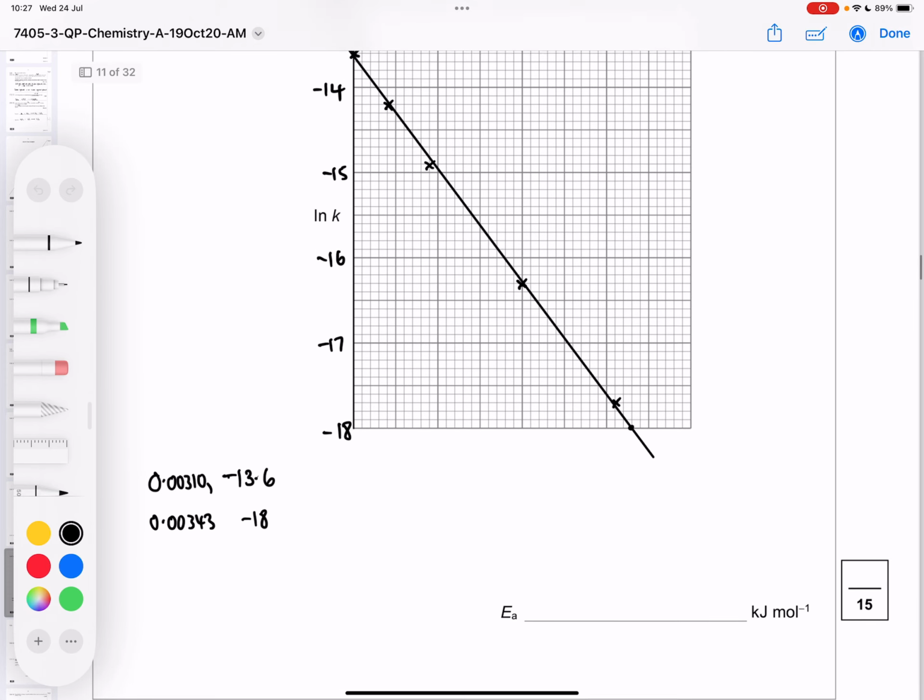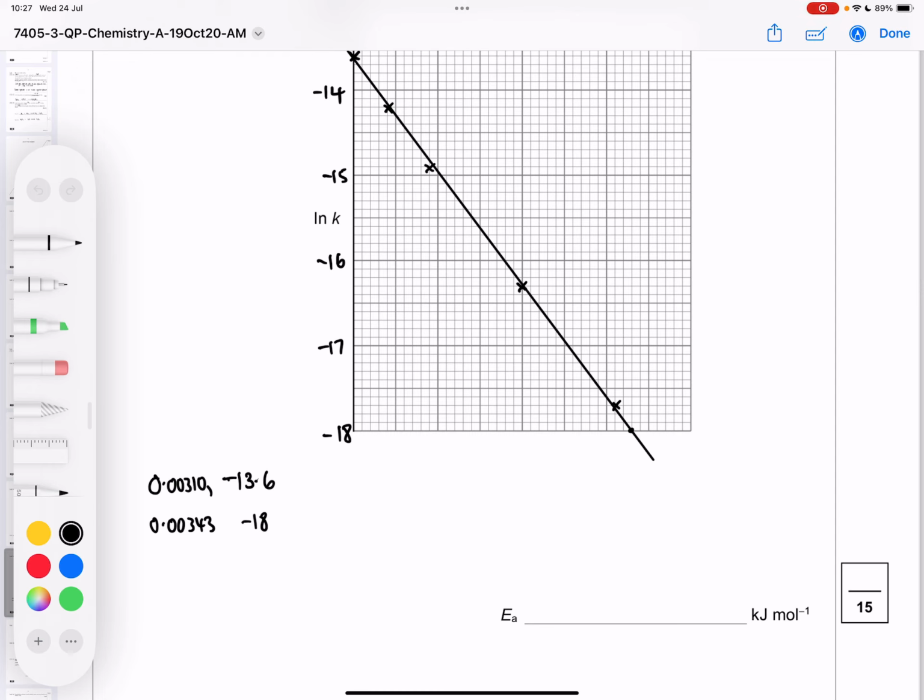So our change in Y is minus 4.4 divided by 3.3 times 10 to the minus 4. And so I'm getting minus 13333. And the exam board are allowing anything between 12,876 and 13,598. So I'm within their range.